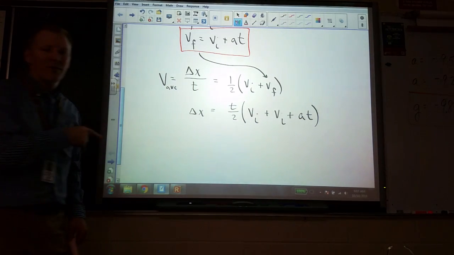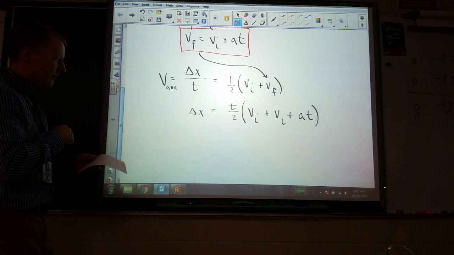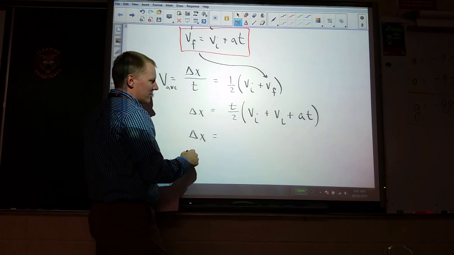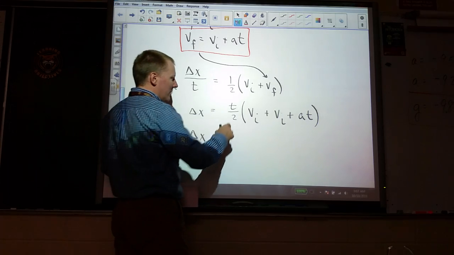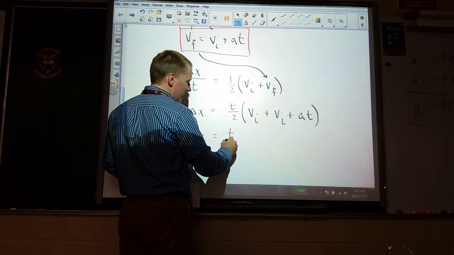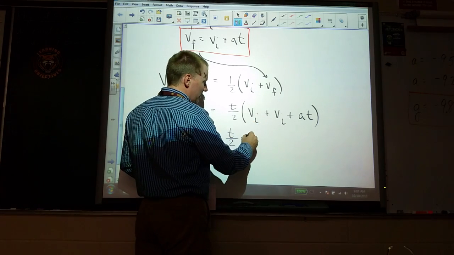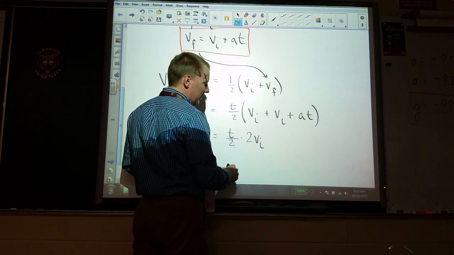And now I'm going to simplify this stuff in the next couple of steps to get it into a handier formula. So we have t over 2 times our first one, which is 2 times v i.